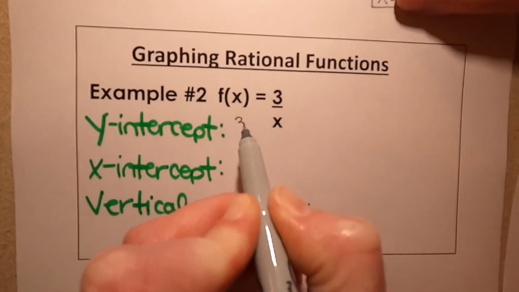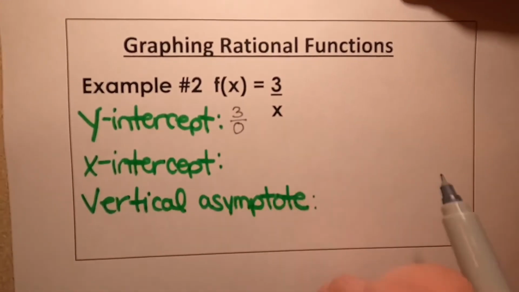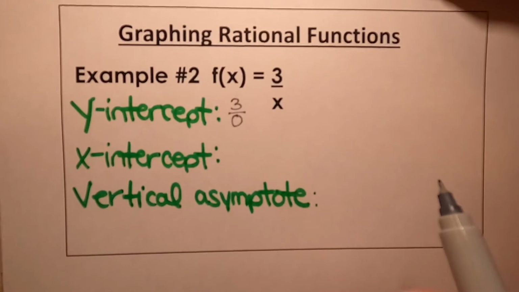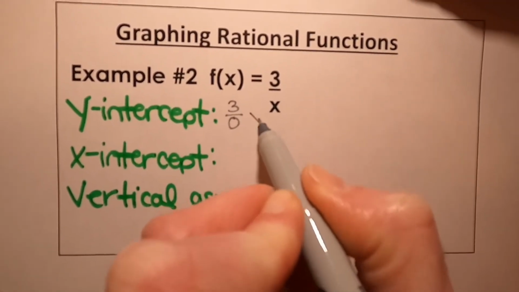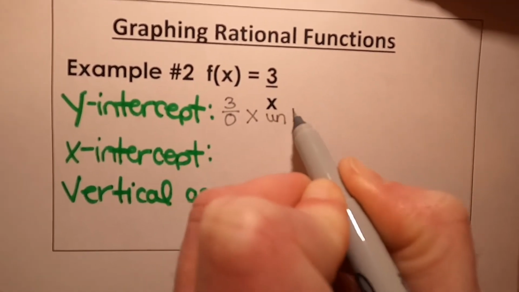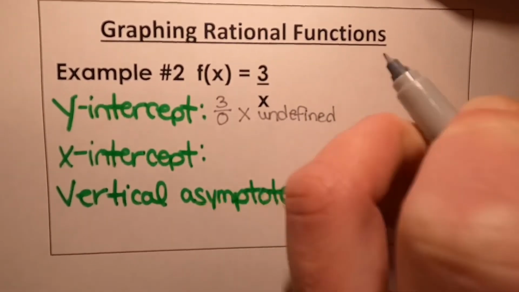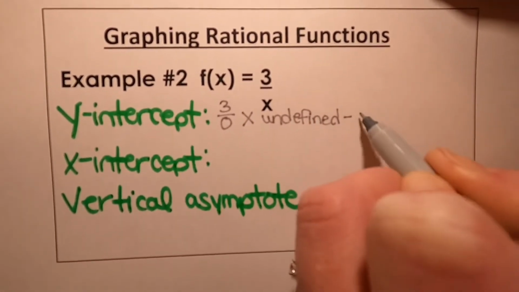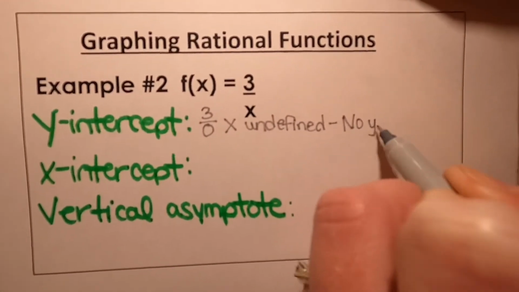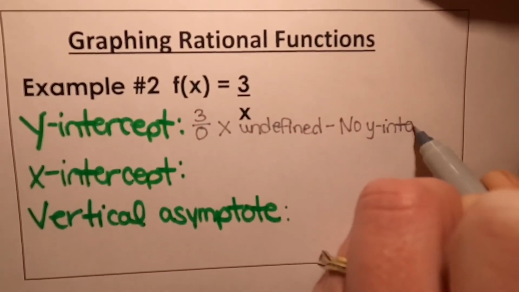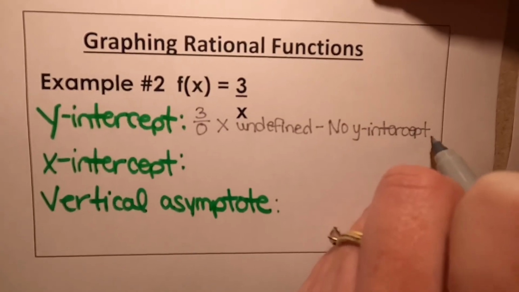This one is going to be 3 over 0. Uh-oh, what happens when we have a 0 in the denominator? Undefined. So what that means is this does not have a y-intercept. Okay, so you would write no y-intercept. You'll understand this in just one moment.